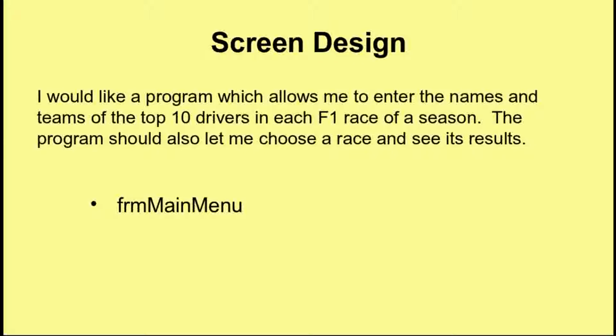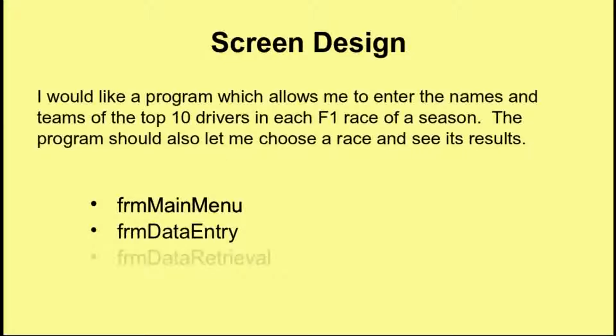Well, the main form will be there so that we can choose which of the other forms, the data entry and the data retrieval forms, the user can choose. We now have to define each of those forms. So we're going to have an FRM data entry, little frm, and then capital D, capital E, because every word in the name starts with a capital letter.